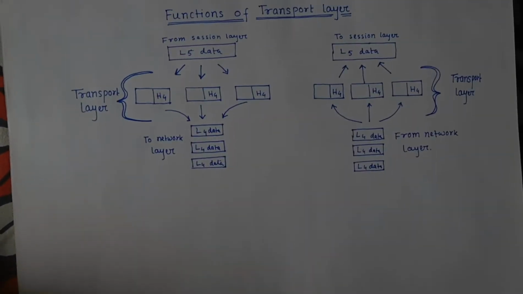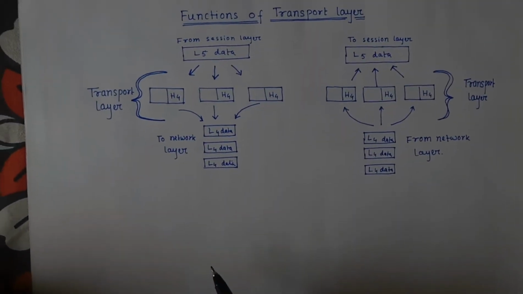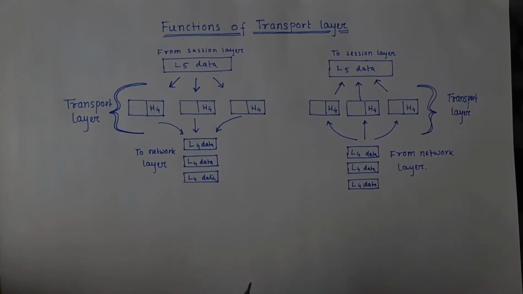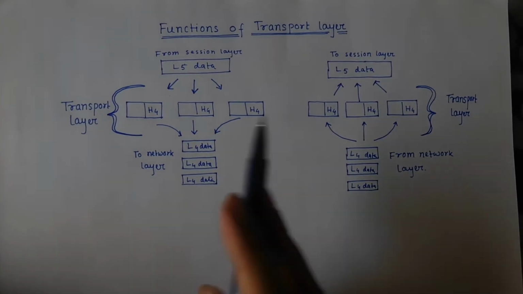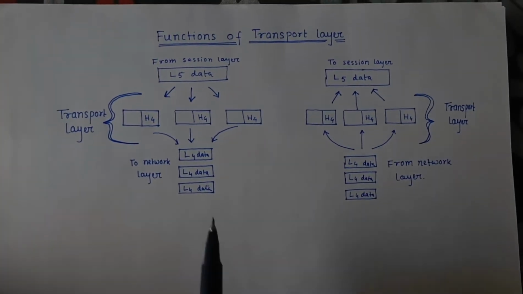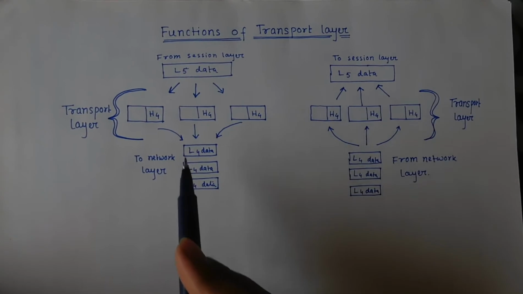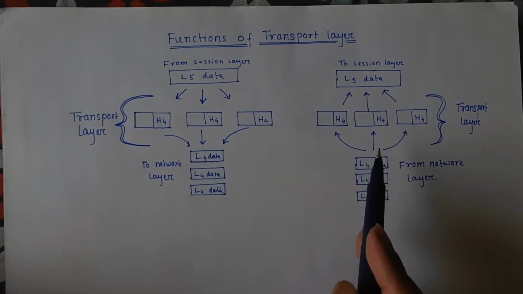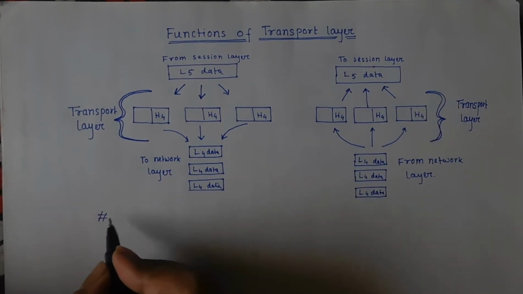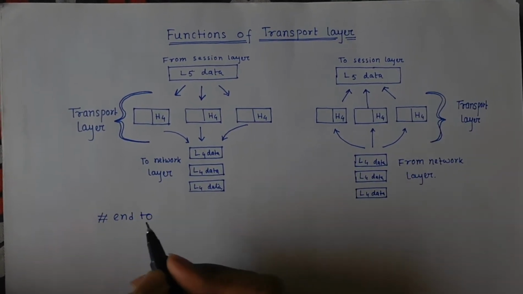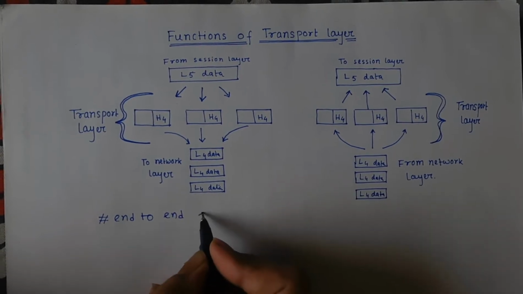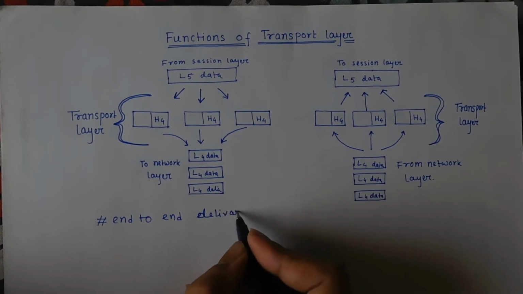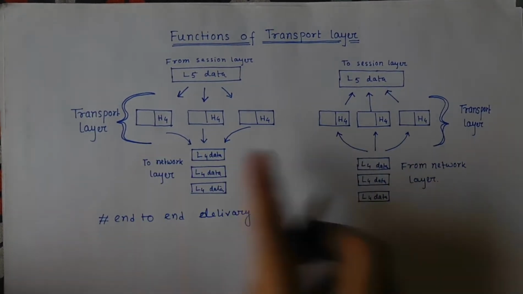Our next layer is the transport layer. In network layer, we emphasize delivery of individual packets, whereas in transport layer, we ensure the whole message arrives intact and in order. Thus transport layer is called end-to-end delivery of the entire message.